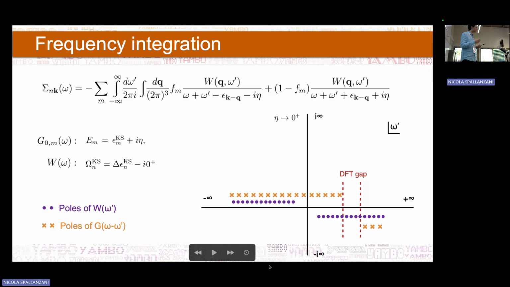How will you explain poles which are farther from the axis compared to the nearer ones? Yeah, this depends on your choice for the imaginary part.